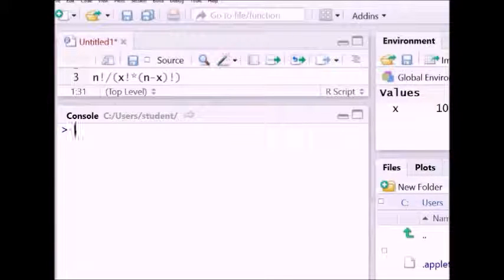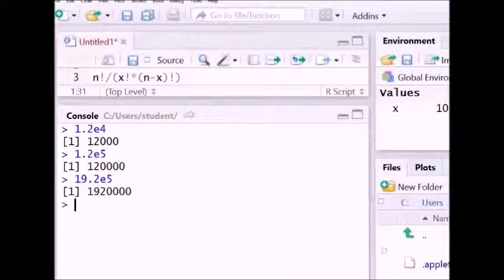Now, numbers with exponents. For very big numbers or very small numbers, R uses the following scheme. For a big number, it is denoted like 1.2e4 means this number, and 0.5e5 means this one, or 19.2e5 means this particular number.